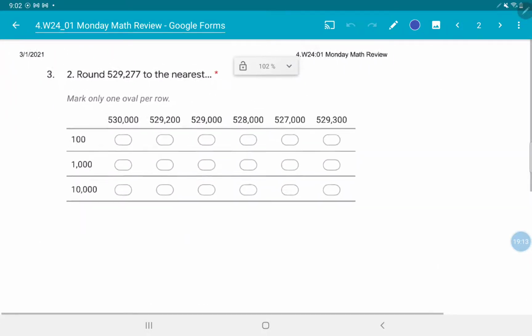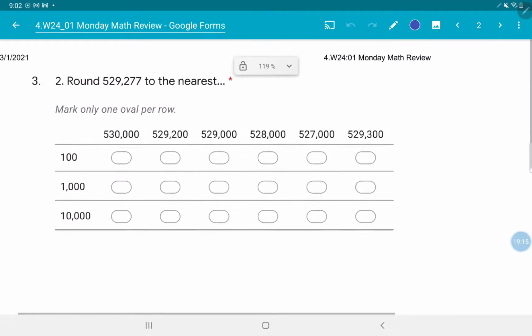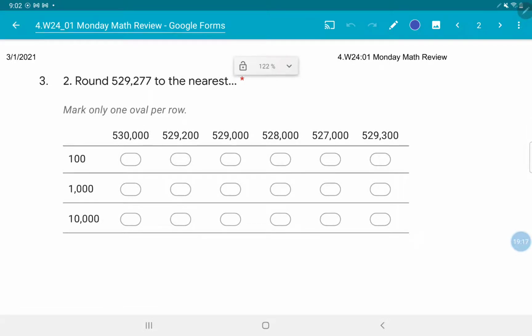In this question, we're rounding 529,277 first to the nearest 100. So if I'm rounding to the nearest 100, Ansley, what am I going to do? Look at the tens place, and 7 is higher than 5. 529,300.